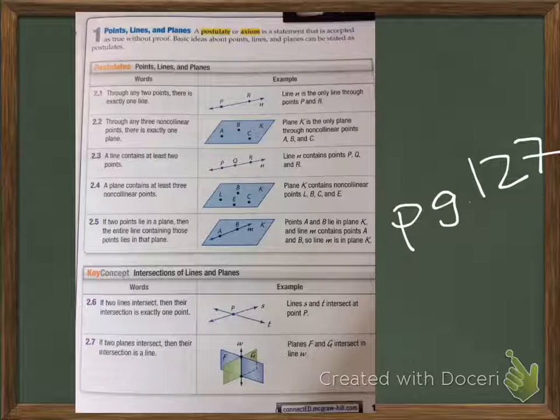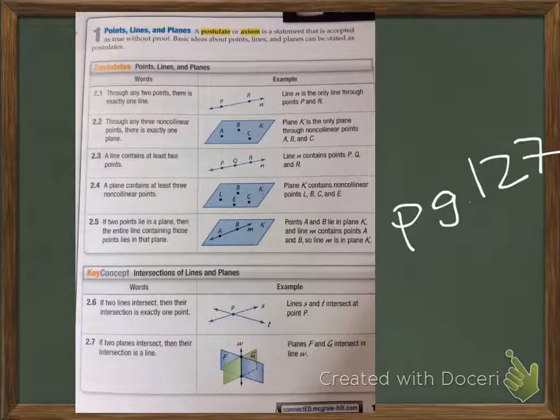Let's see, I would say postulate 2.2, because if you have intersecting lines, you're always going to have at least 3 points, but they're usually collinear on the lines.